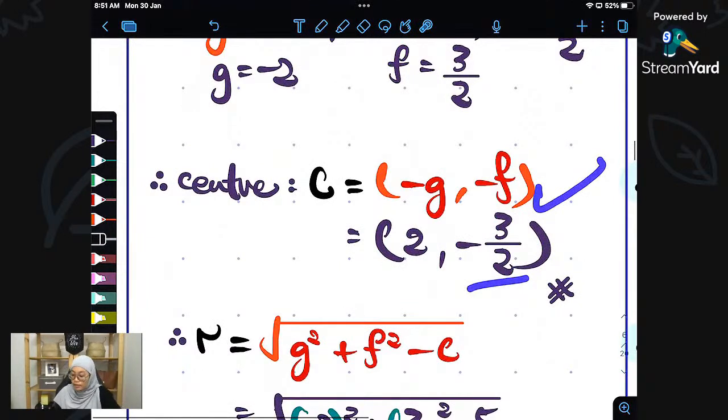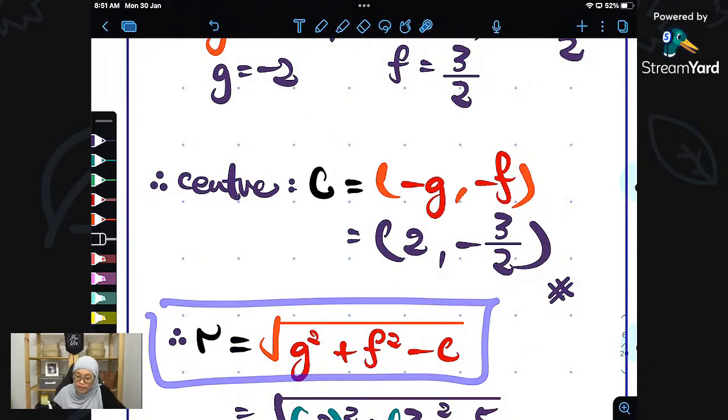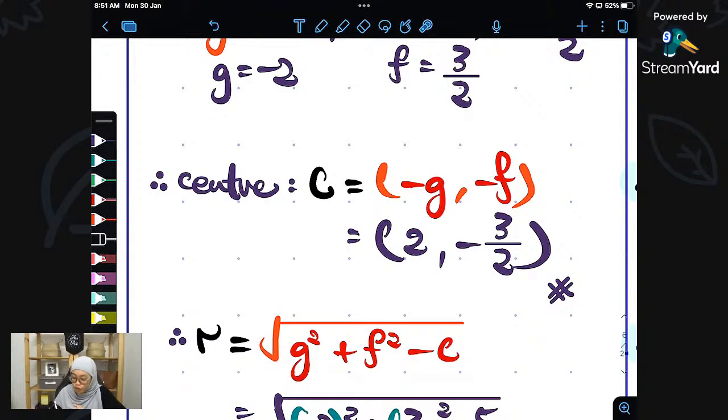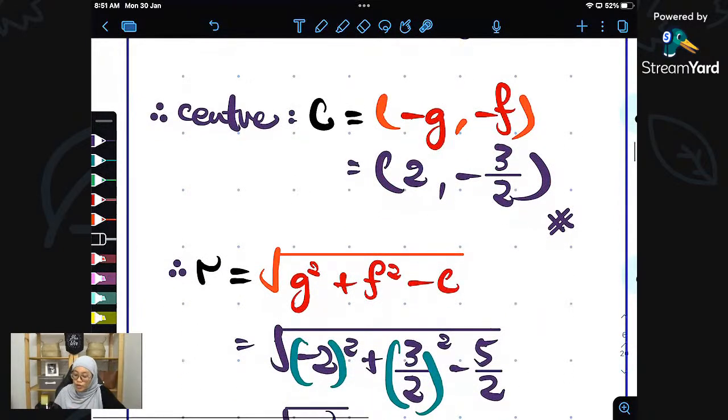So done. Our center is done. How about our radius? So our radius here got formula. Formula here must also be memorized. Okay, it is the square root of g squared plus f squared minus c. Okay, and so you already got everything here.